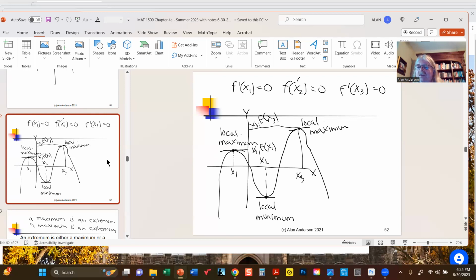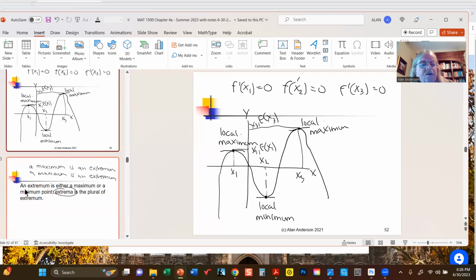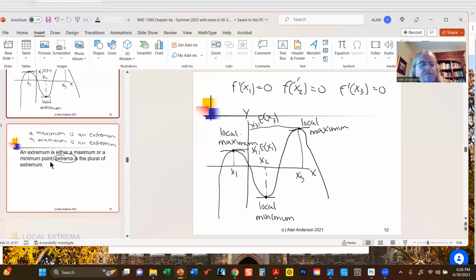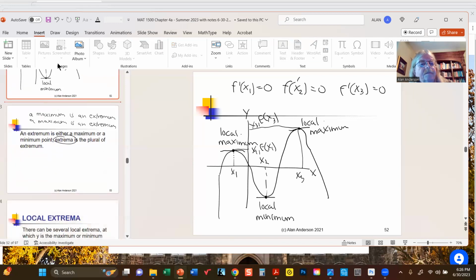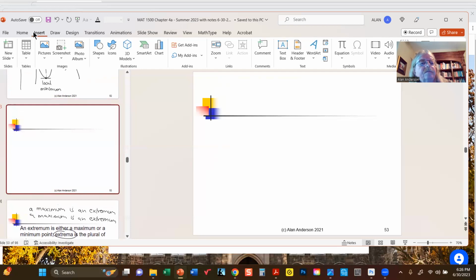So you can see why this is called an application of derivatives, because it'll enable us to find these points. Now, you can easily imagine why this could be so very important.